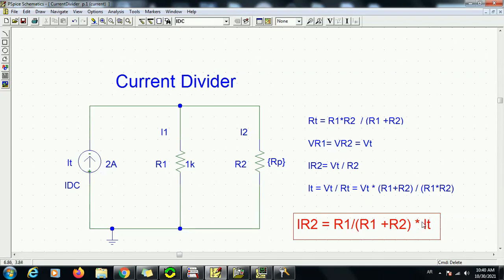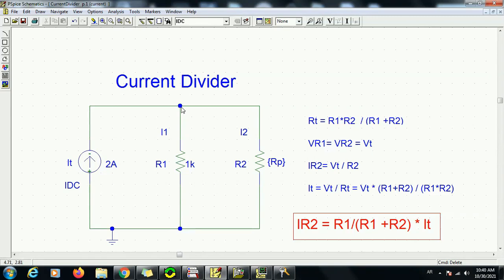The way we have derived this equation, we can see from these calculations. The total resistance of this circuit, since R1 and R2 are in parallel, is given by this formula: R1 multiplied by R2 divided by the sum of the two resistors.